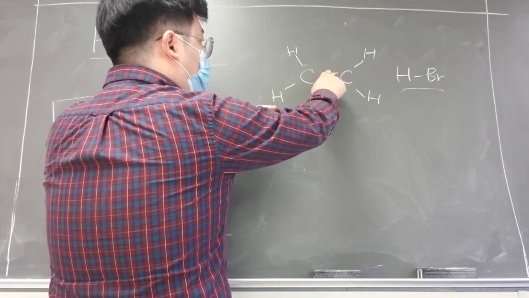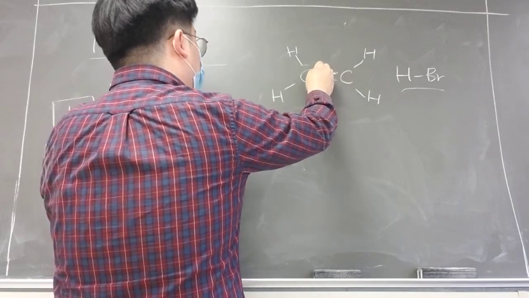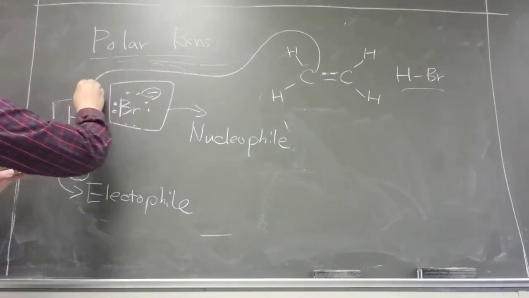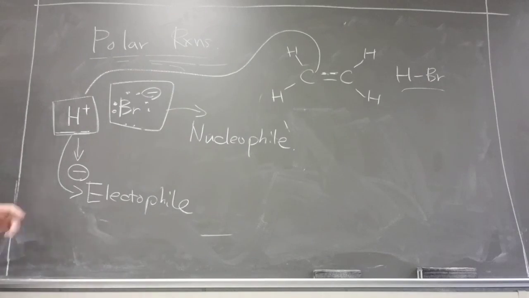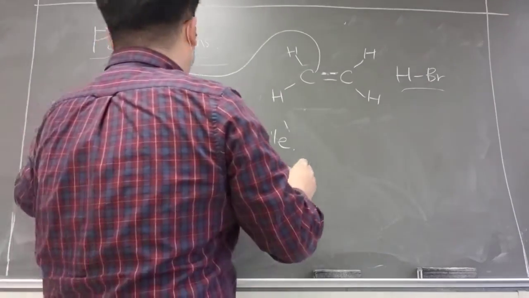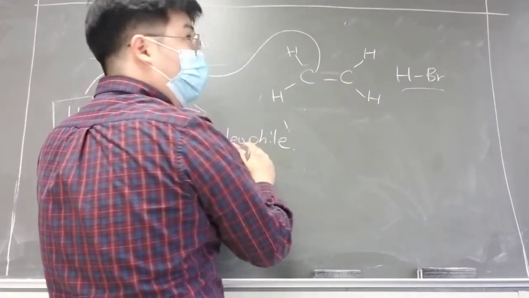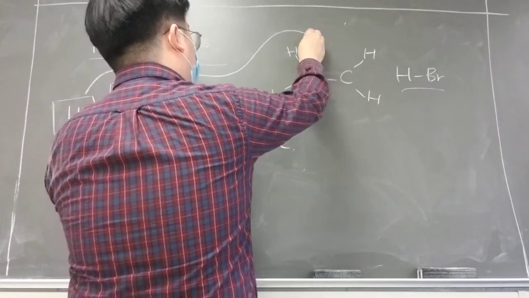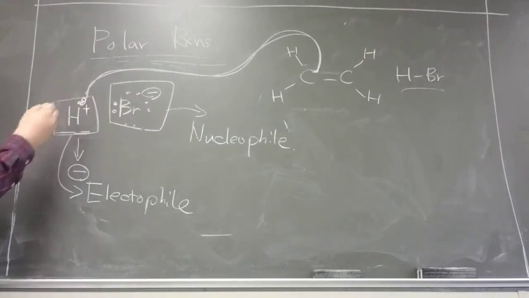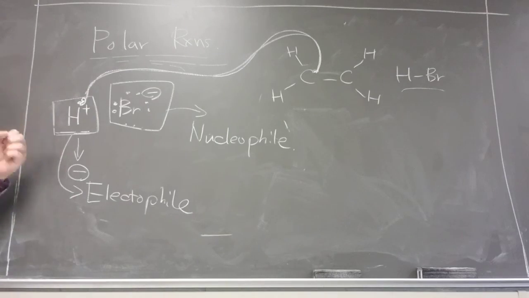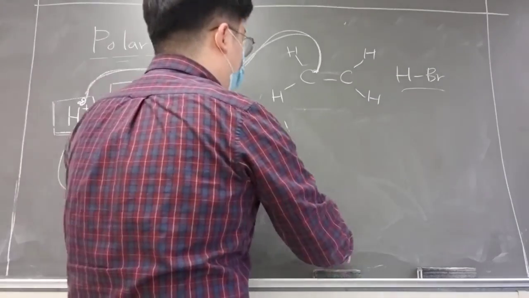So this is the one we can use in the pi bond. It goes to this one. Okay. So if that is so, you see this is gone. There's a pair of electrons here that we send to something to get the electrons here.